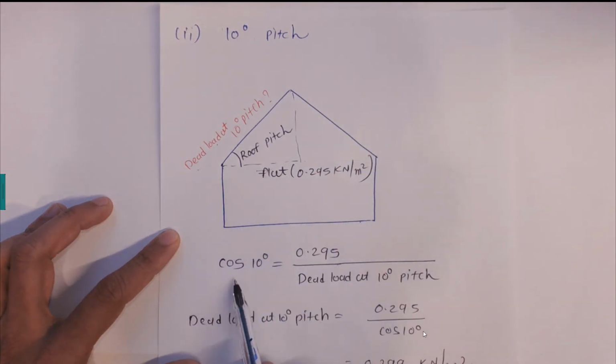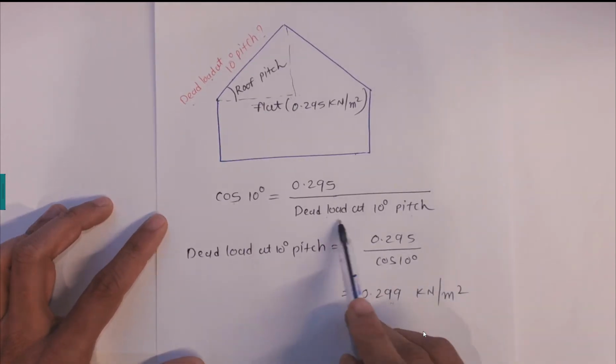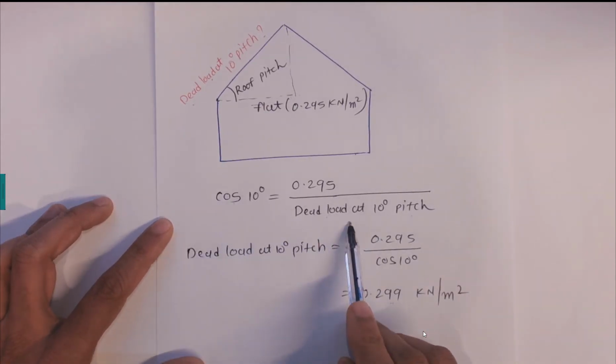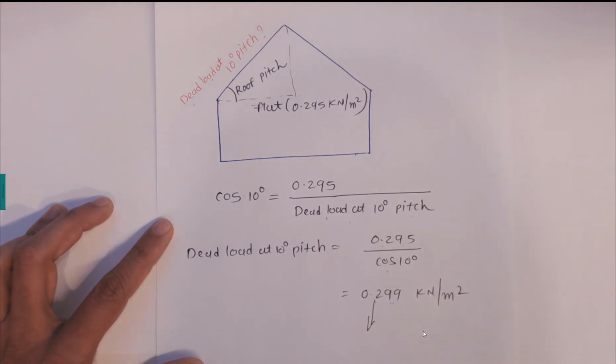If you take the cosine relation, cos 10 degrees equals the flat condition, which is this line, divided by this hypotenuse, which is the dead load at 10-degree pitch. So to calculate the dead load at 10-degree pitch, we switch these two parameters, which gives us 0.295 over cos 10, and the final answer is 0.299 kilonewton per meter square. Thank you very much.